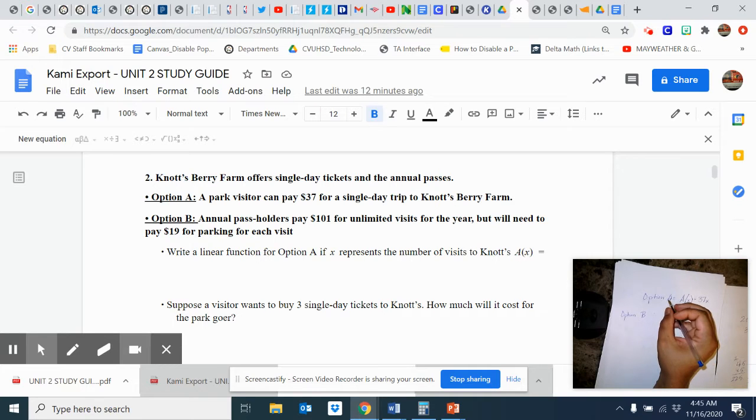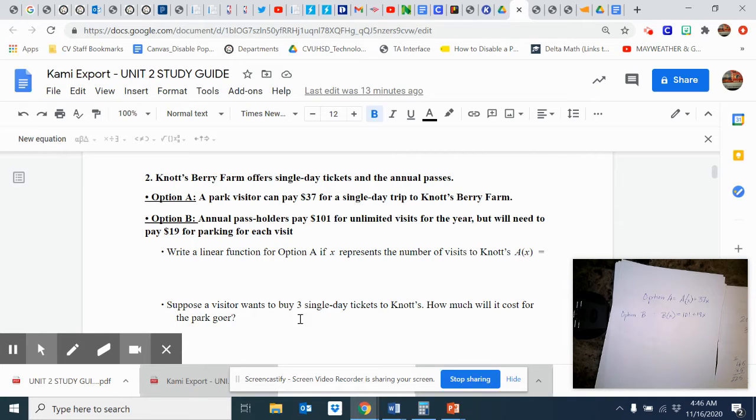We would do 101 for unlimited visits for the year, but will need to pay parking for $19 for each visit. So theirs would be B of x equals 101 plus 19x.